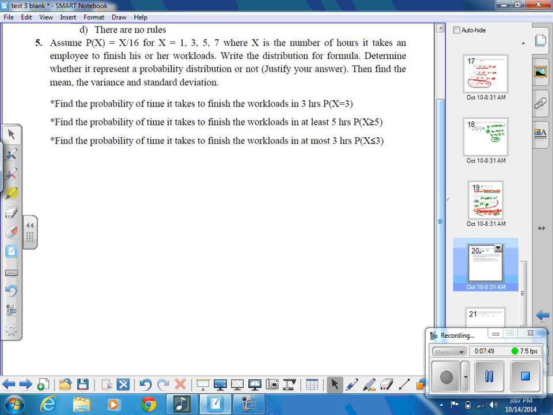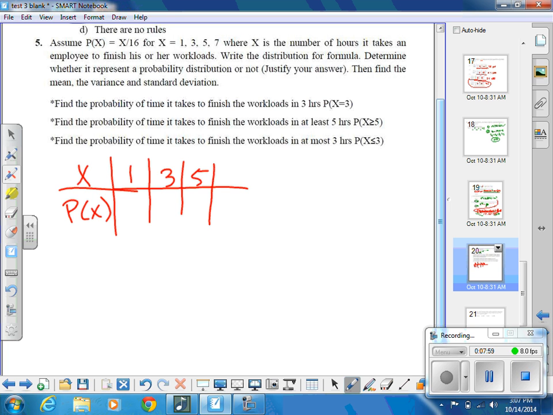So I need to make my little table. My table was x, P of x, just like this. My x's are 1, 3, 5, and 7, and my P of x is respectively, as we saw up there, x over 16, so it should be 1 over 16, 3 over 16, 5 over 16, and 7 over 16.